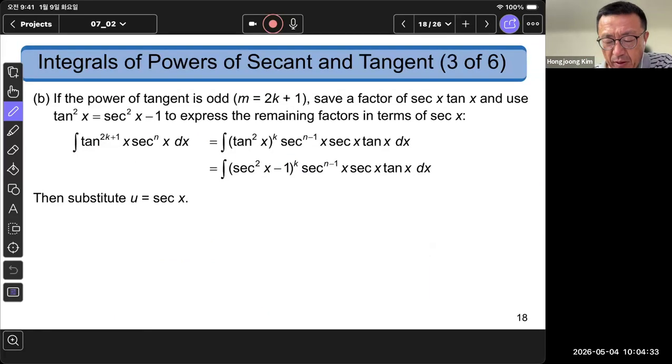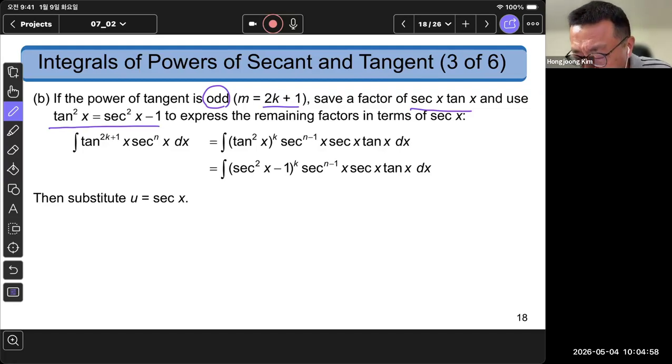If the power of tangent is odd, say 2k plus 1 type, then save a factor of secant x tangent x, and then use this formula to express all the functions in terms of secant x. So here I have tangent x to the mth power, and if this m is 2k plus 1, I have this.